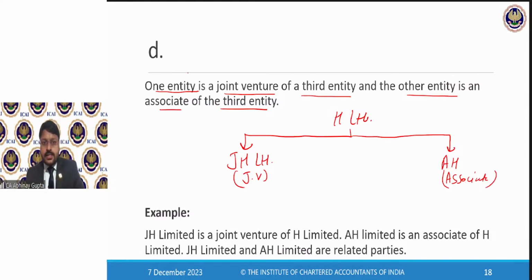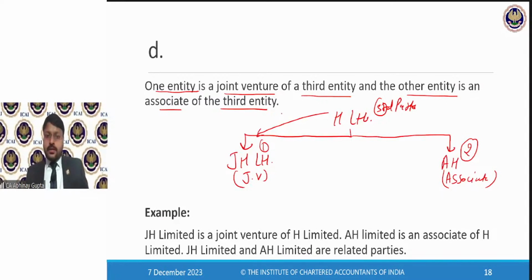Now, the clause says one entity is a joint venture, another entity is an associate of the third party, the third entity. Now, we need to see who all are related to whom. First, H Limited to JH Limited. Yes. JH Limited, the joint venture, to H Limited.